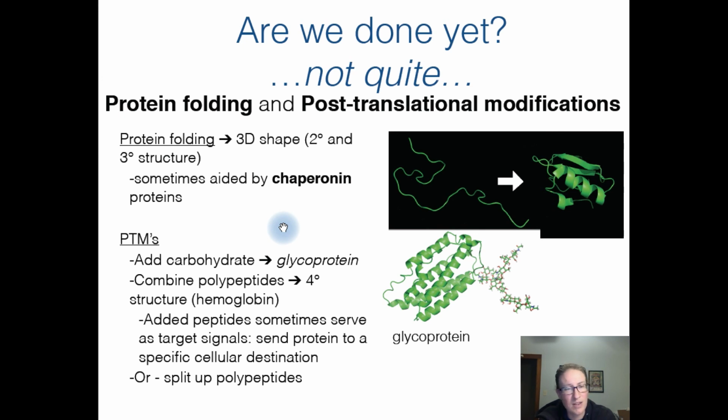Sometimes some of the peptides that get added onto a protein can serve as a target signal. A peptide might get added that signals that this protein should get sent to a specific cellular destination. And in yet other cases, the final polypeptide that gets built winds up being chopped into smaller pieces, split up into different polypeptides.